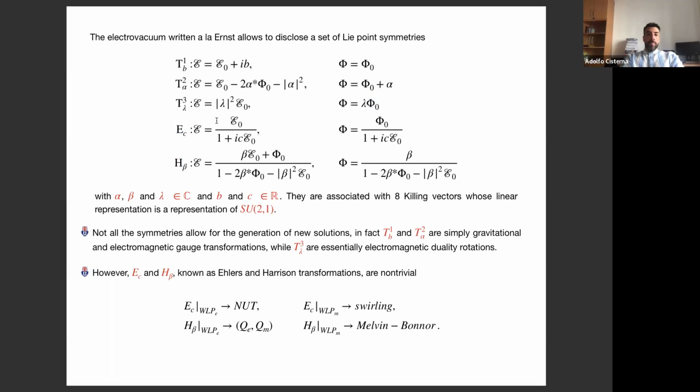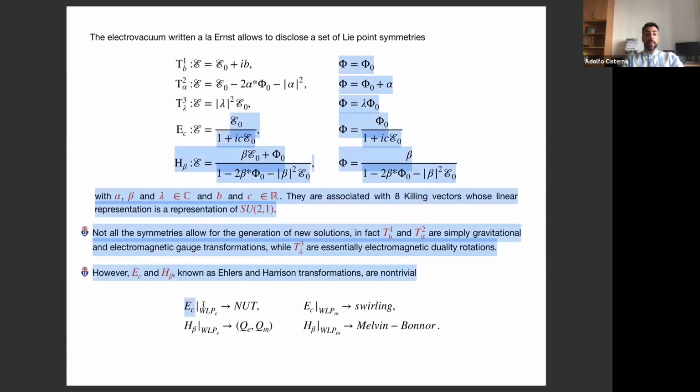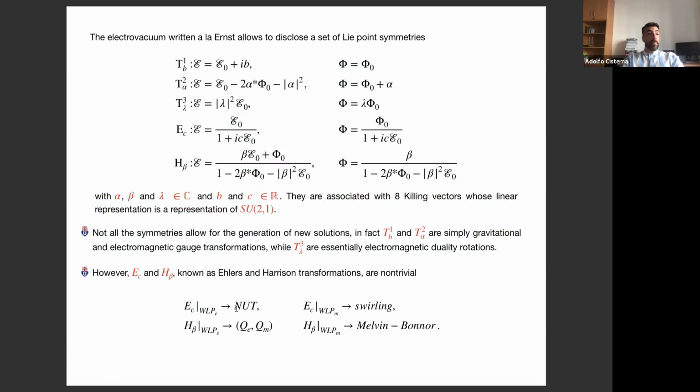So basically, if you take your initial seed potential, this might be Minkowski, any solution of the entire spectrum of stationary axisymmetric circular solutions, and you apply this transformation, you take the seed potential and divide it by this thing you see here, and you do the same with your gauge field, what happens to your space-time is that in one case, it might acquire a NUT parameter.